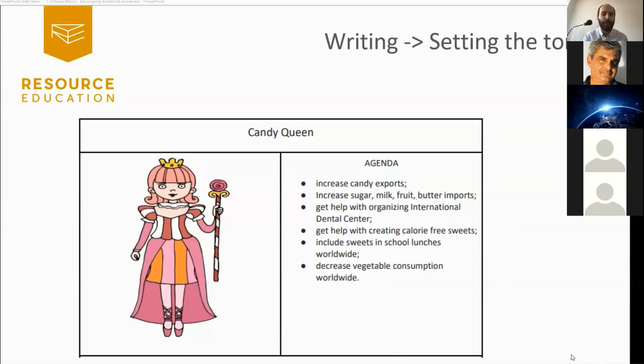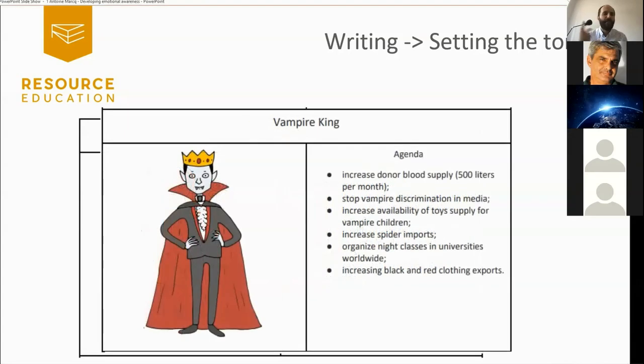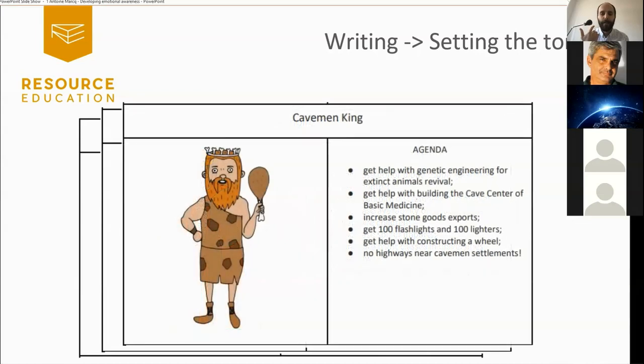Rob, let's show another world leader. This is the Vampire King. He's interested in increasing donor blood supply, stopping vampire discrimination in the media, because honestly, what's the big deal? Increase spider imports, blah, blah, blah. Increasing black and red clothing exports. Next world leader. Caveman King, well, he needs help building the cave center of basic medicine.